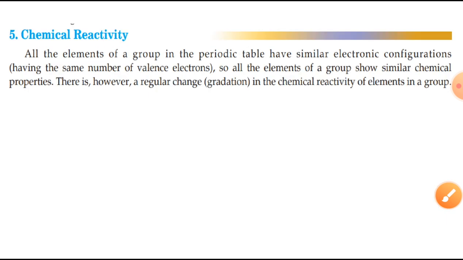Let's have a look at the next property, chemical reactivity. So students, chemical reactivity, as stated, depends on whether we are talking about a metal or non-metal. For metals, chemical reactivity increases down the group, and for non-metals, the chemical reactivity decreases down the group, but the type of reaction they show is the same. In any group, the elements will show the same type of chemical reactions.